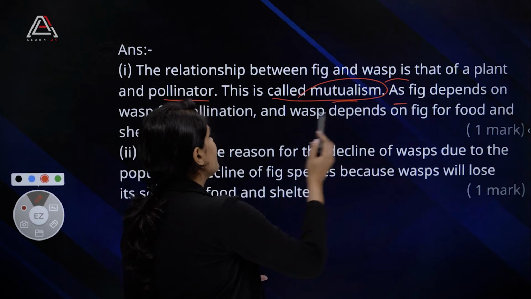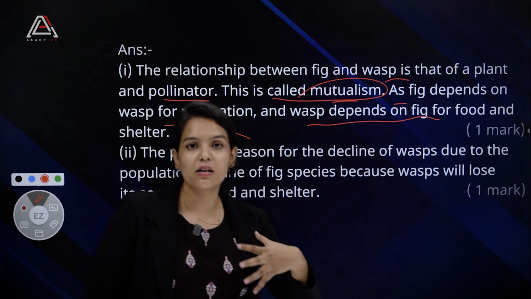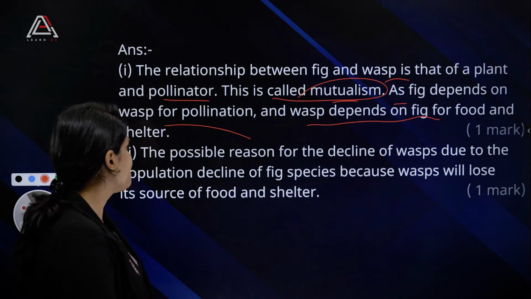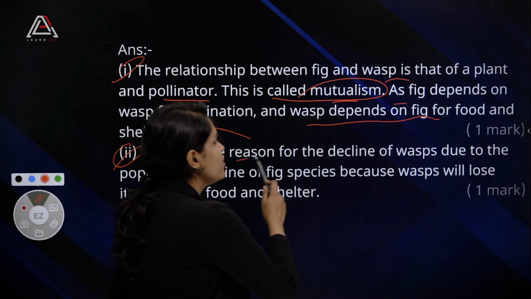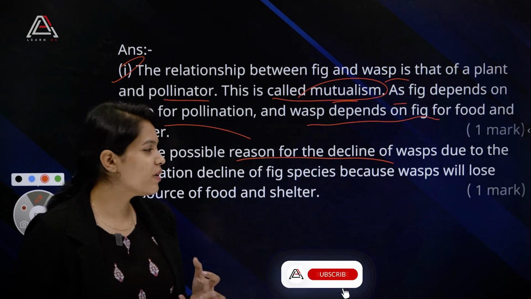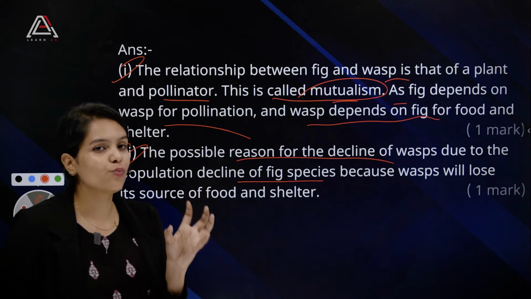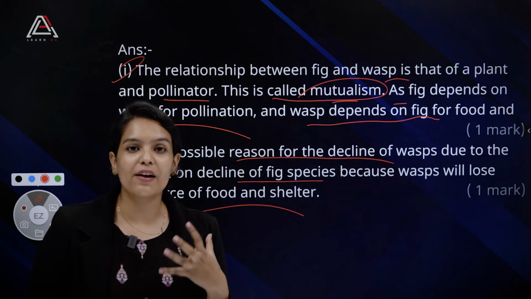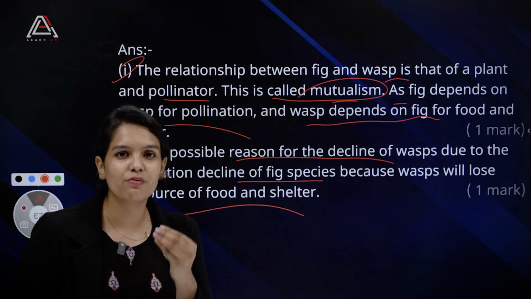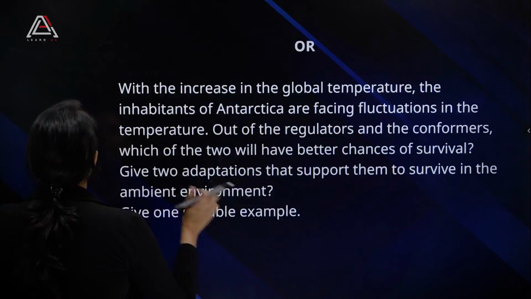That is, the fig is dependent on the wasp for pollination and the wasp is dependent on the fig for its food and shelter. Perfect. Second part of the question, the possible reason for the decline of the wasp is the decline in the fig species, and that is why the wasp will lose its resources, food and shelter, from the fig which is being provided to them.